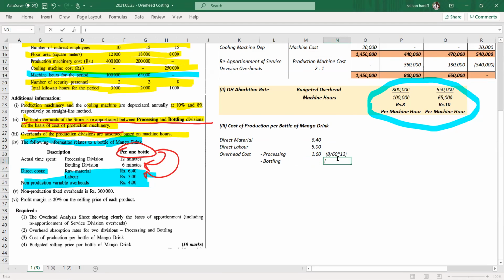Then bottling department 10 rupees for 1 hour. So if you divide by 60, then you get the answer for 1 minute. Then if you multiply that by 6 minutes, you get the overhead from the bottling department. So total production cost.